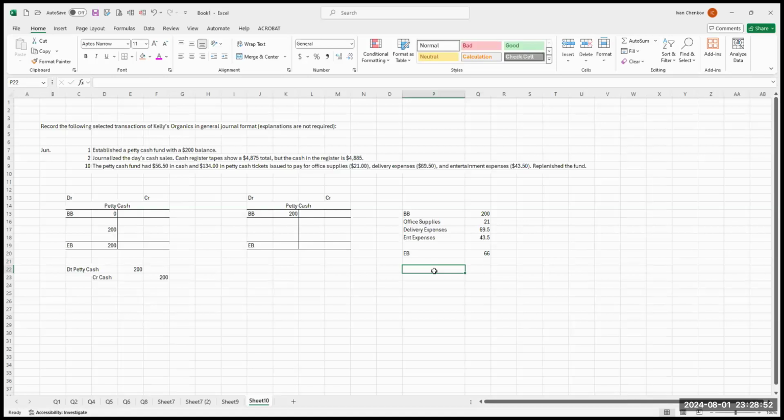You're checking cash available, and you have only $56.50. Where am I? Obviously, I'm short. That will be cash short and over. In this case, we're short. How much are we short? We're short $9.50.